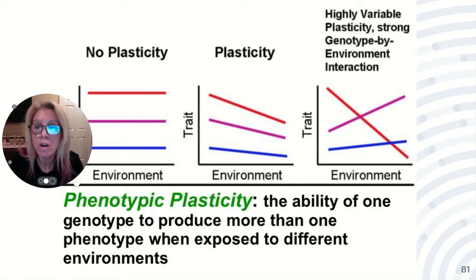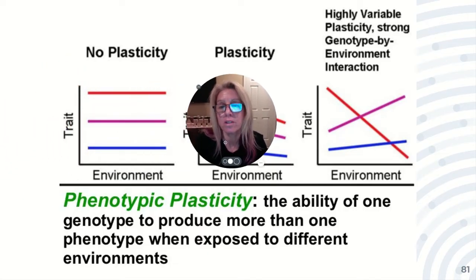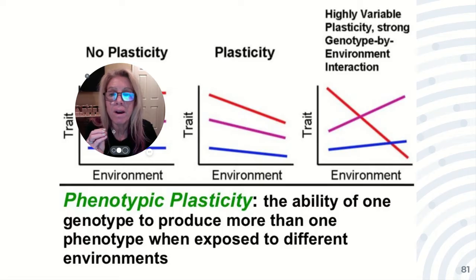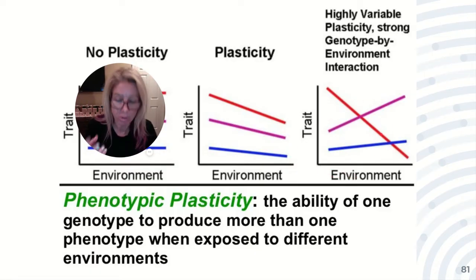If you have no plasticity, like you see in this first graph, it doesn't matter what your environment's doing, you're going to get the exact same trait. If you have plasticity here, depending on how the environment changes determines how the trait will be expressed. So this one would be highly variable in its plasticity. So it's the ability of one genotype to produce more than one phenotype when exposed to different environments.